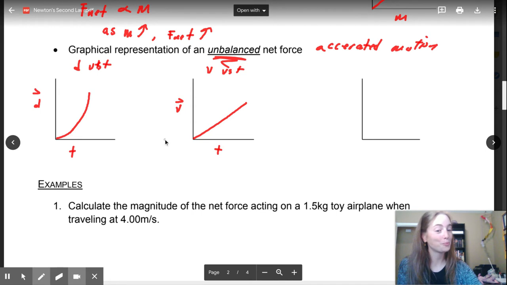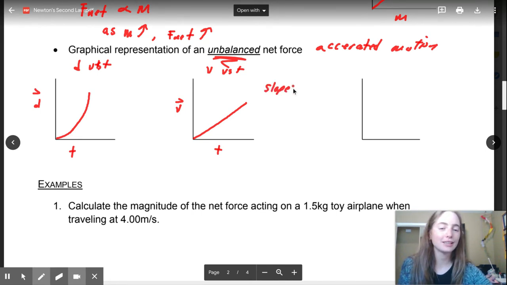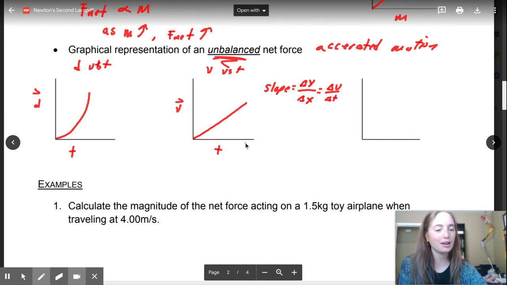Slope. So remember here, our slope is equal to our change in y over our change in x of the line. Well, here, our change in y is velocity, and over our change in time on the x, well, that would give us our acceleration. So in this case, our slope equals the acceleration.